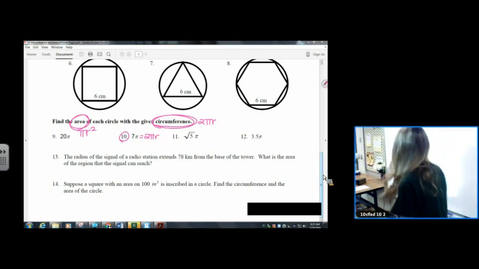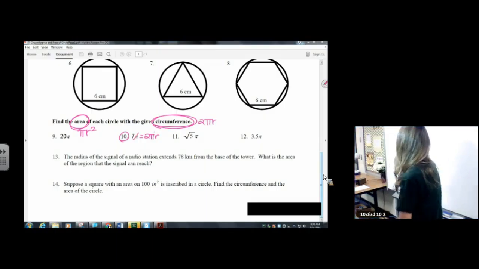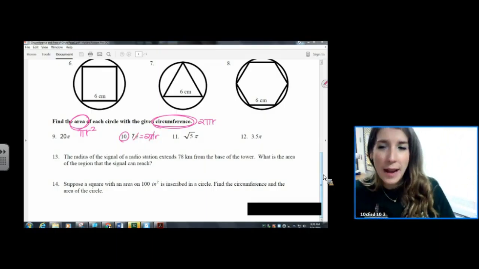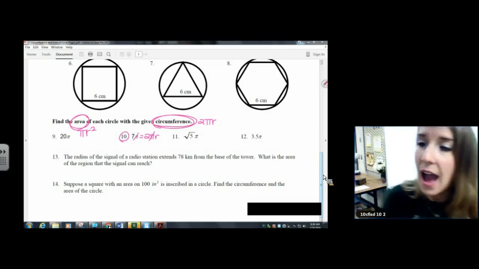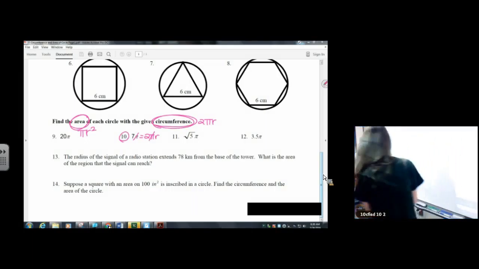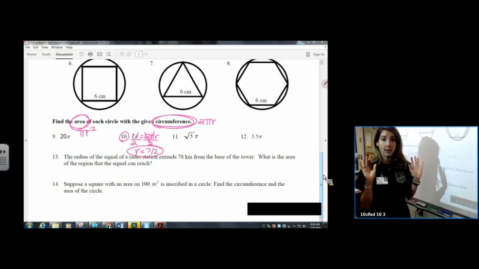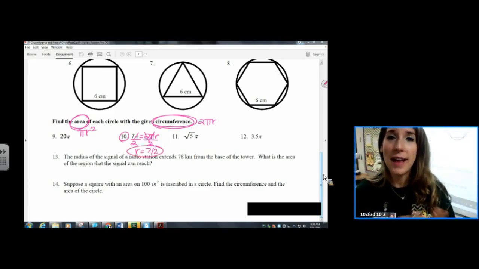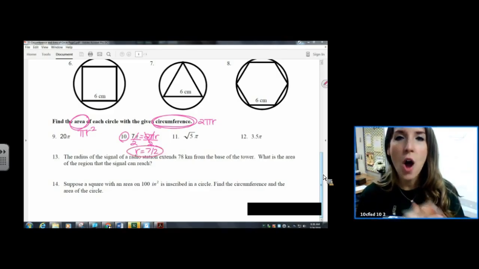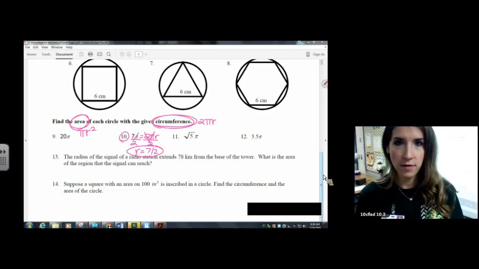Now I notice that the pi's can cancel. Then to find the radius, which is what I need, I would do the opposite of multiplying by 2. Whatever you do to one side, you must do to the other. So does everyone agree that the radius is 7 halves? Is that okay? Now I know a lot of you like to put 3.5. That is not wrong. You're welcome to put 3.5.